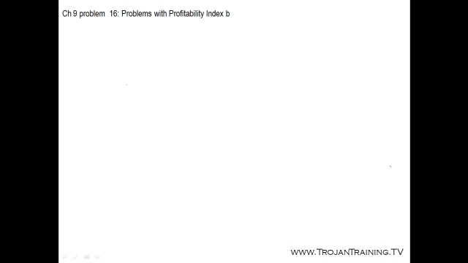Question B in this problem asks to use the NPV decision rule and decide which project we should take. The NPV rule states that we're going to accept the project with the greater net present value.